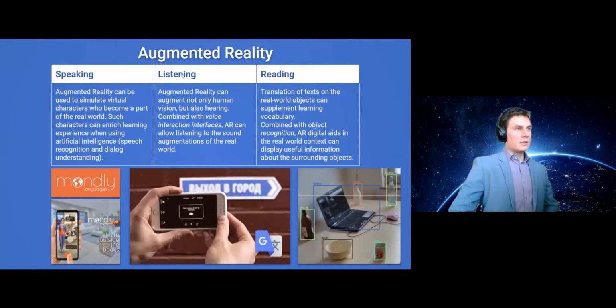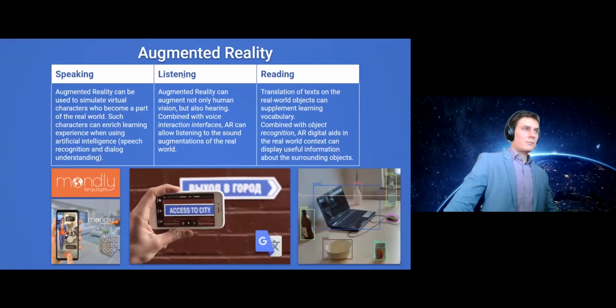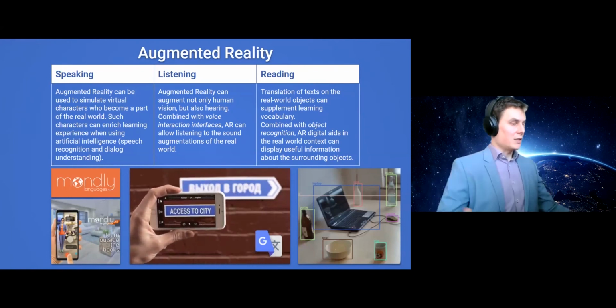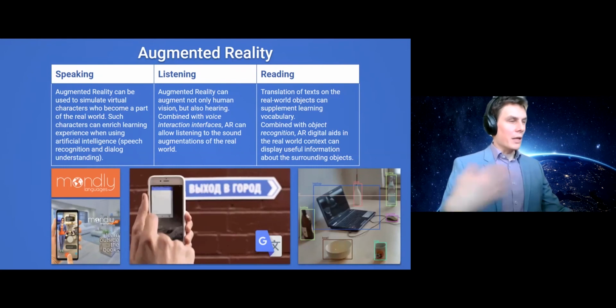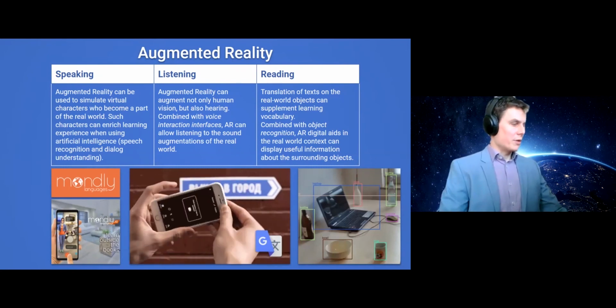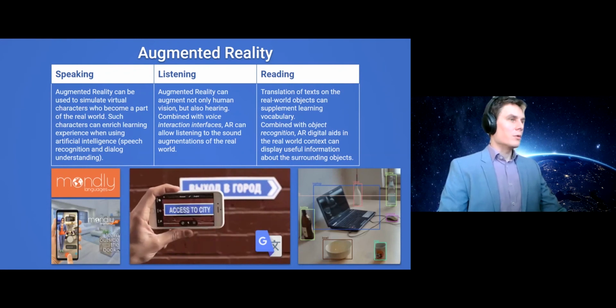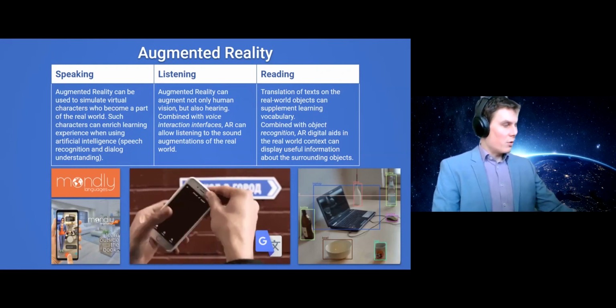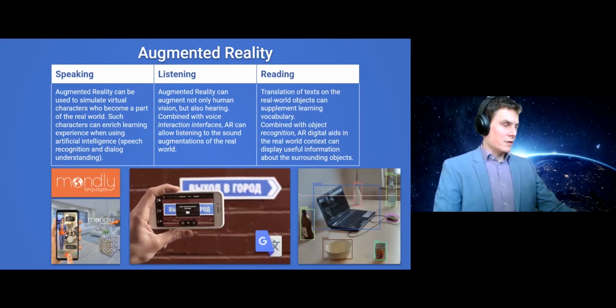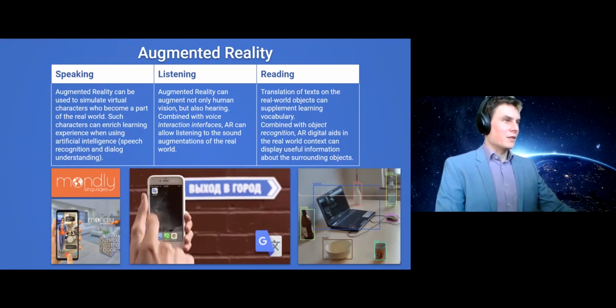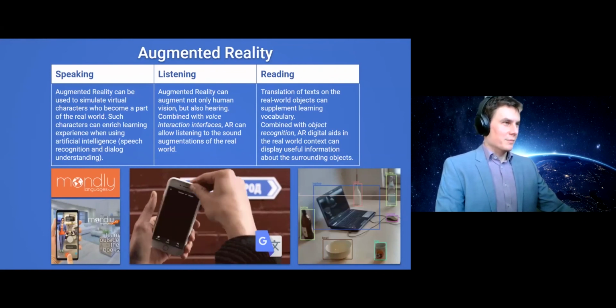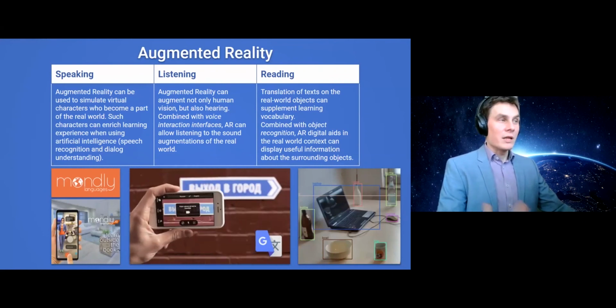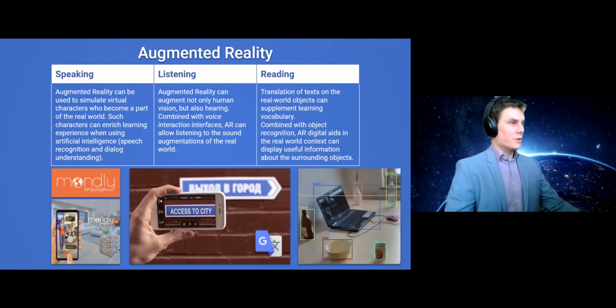If you look at listening, augmented reality as a tech doesn't only augment your vision, it can also augment your hearing. So you could combine it with voice interaction interfaces that you might know, for example, from personal assistants such as, okay, Google, tell me something, or Siri or Alexa, that can actually understand what you ask them, and they can actually do something.